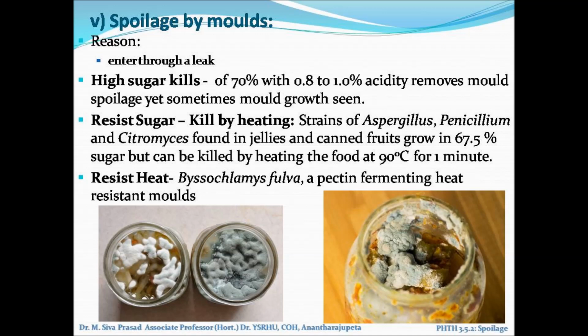But there are certain molds which can resist even such a high temperature, such as Byssochlamys fulva, which is a pectin fermenting heat resistant mold. This can sustain even after applying a high temperature of 90 degrees Celsius.